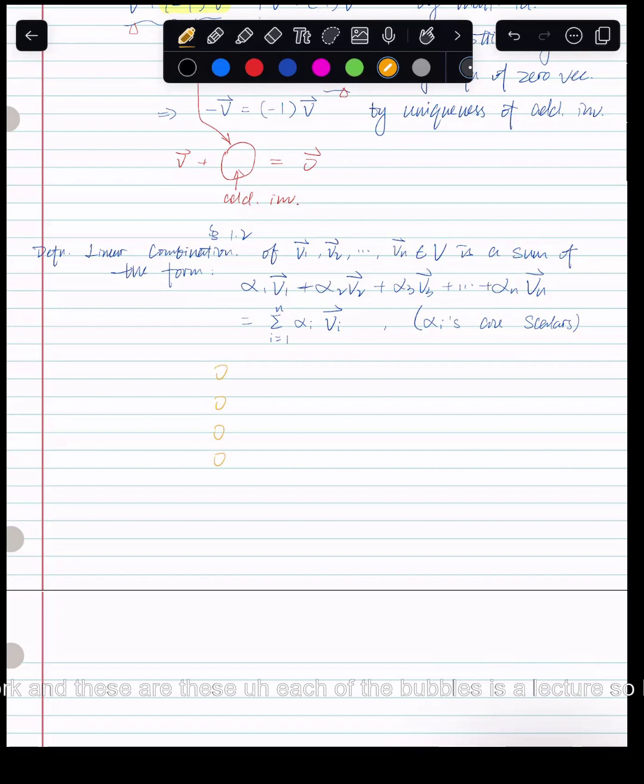We have input, and then the input is performing some operations during the step, and this is the linear combination.